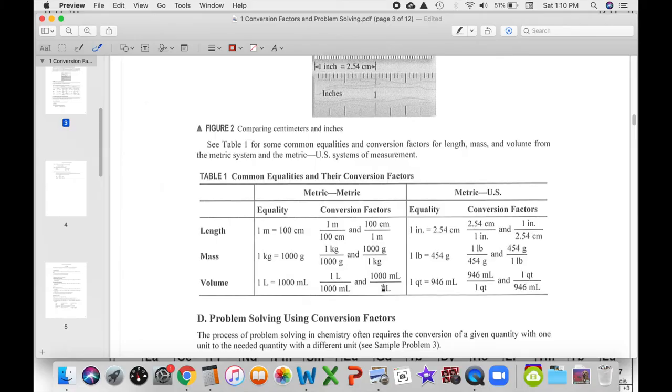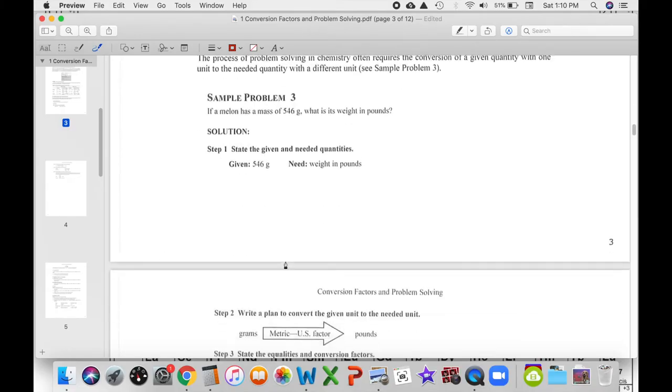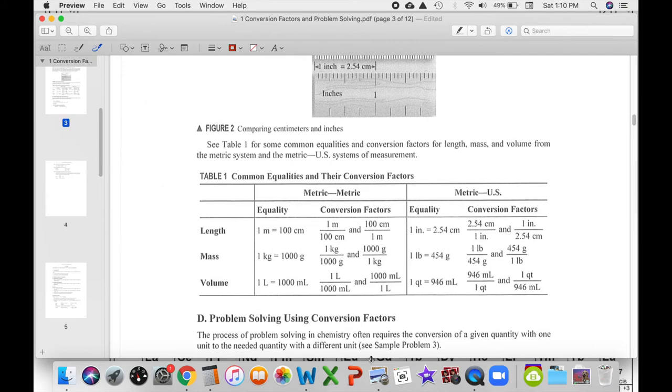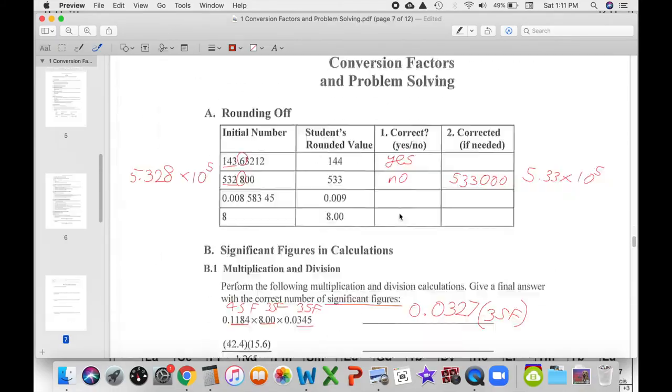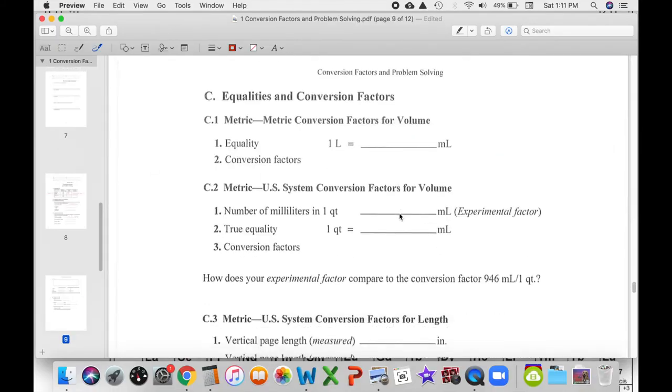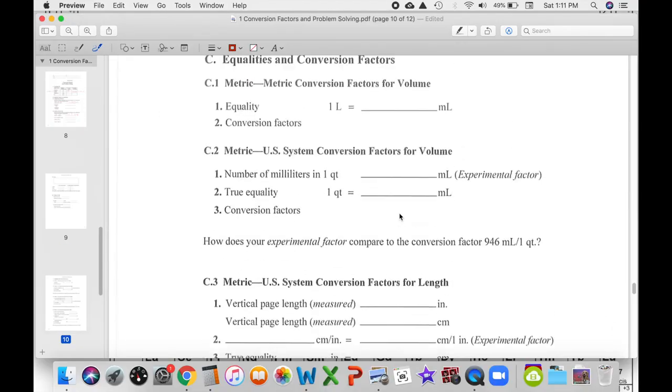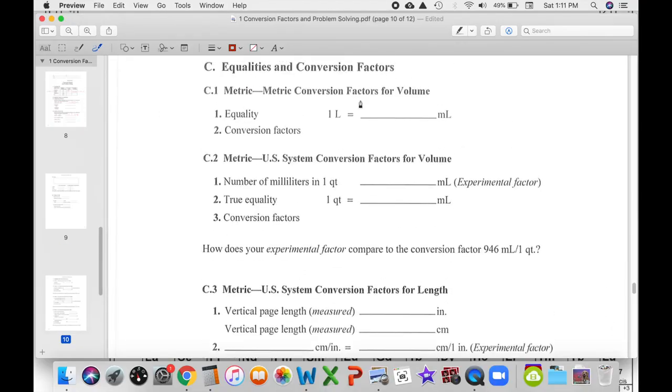Okay, so this table on page 3 is going to be very useful when we do part C of this lab report. So if we go back to part C on page 10, over here when it says what's the equality, well, this is just copied from that table, that 1 liter is 1,000 milliliters.